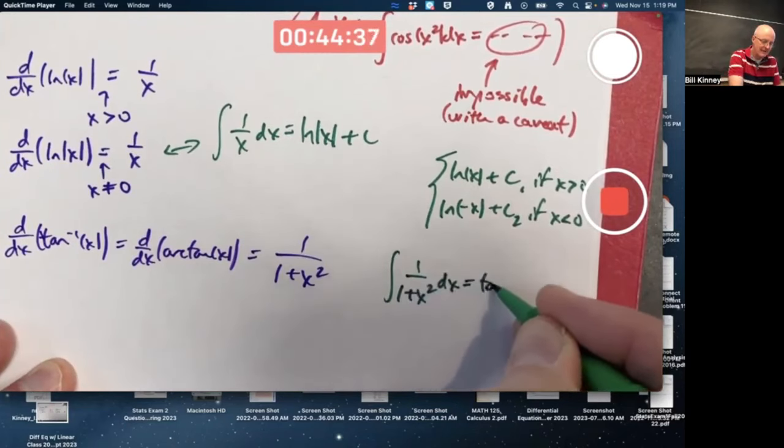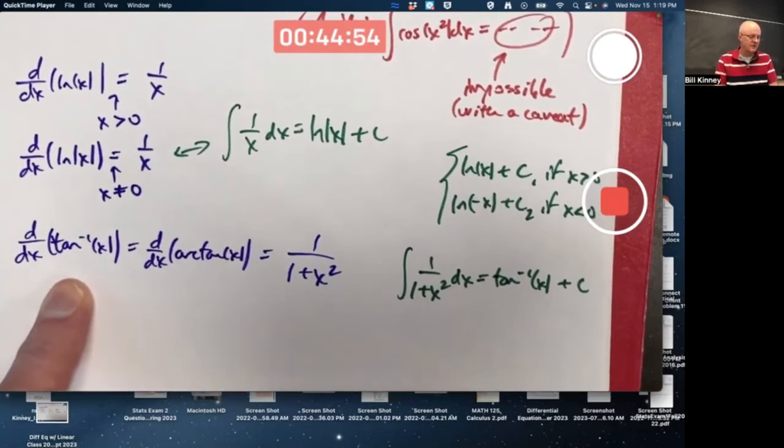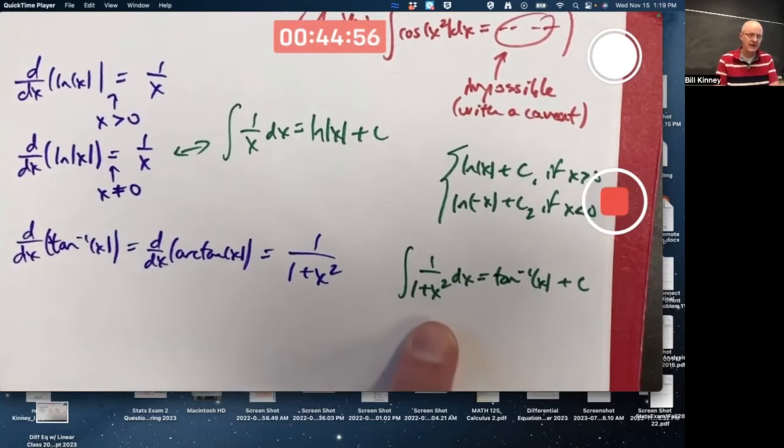As with those trig function ones with tangent and secant, the main application of this fact is this fact. You want to know the derivative of inverse tangent to be this so that you can integrate that. That's more important for applications. Plenty of applications of integrals like this in calculus 2.